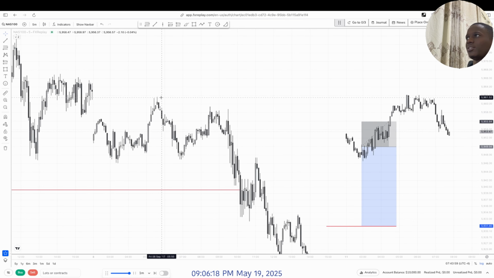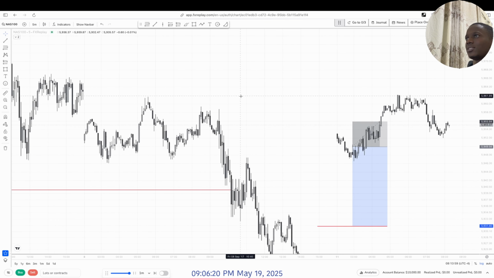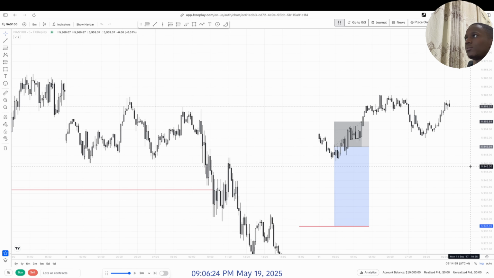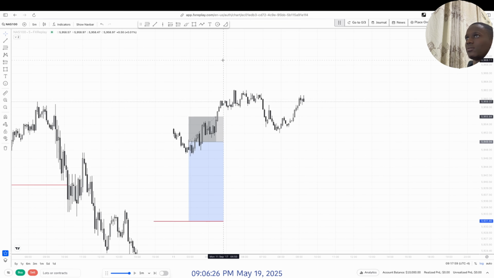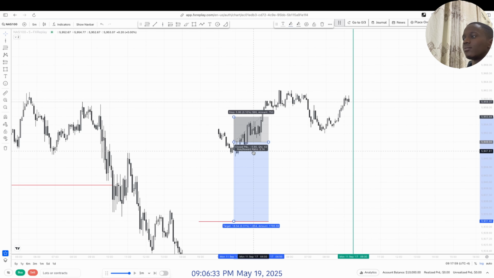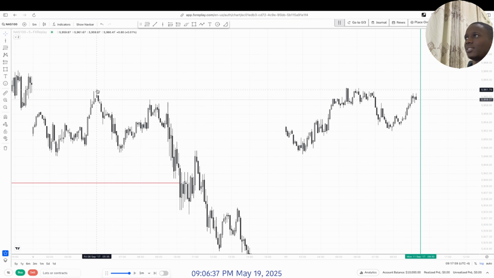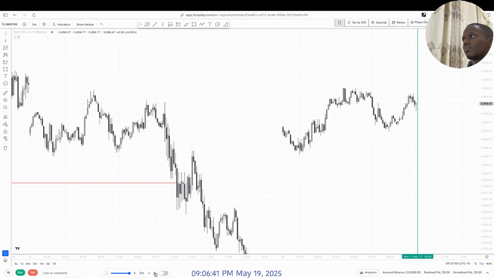So we have equal highs. Wait a minute, wait. Let's observe something right here. We've got equal highs, so let's see how market reacts to them.